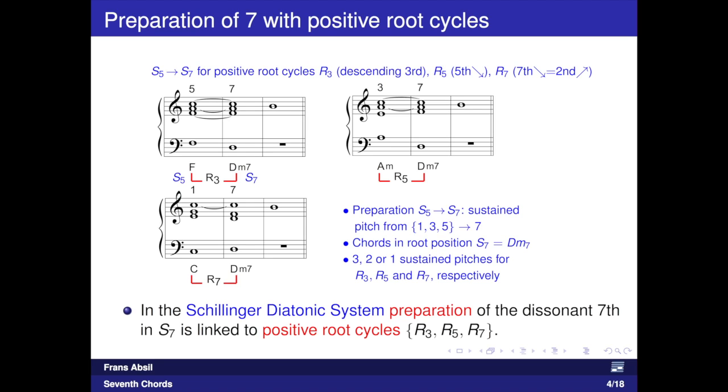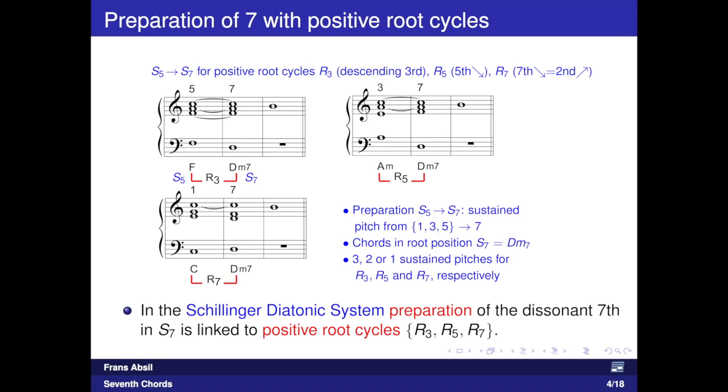Similarly, when we start with triad S5, where C is either the third or the fifth of the chord, we get the two other solutions. These chord progressions are A minor to D minor 7th, which corresponds to a root cycle R5, a descending fifth, or going from C to D minor 7th, which is the root cycle R7, a descending seventh or equivalently an ascending second.